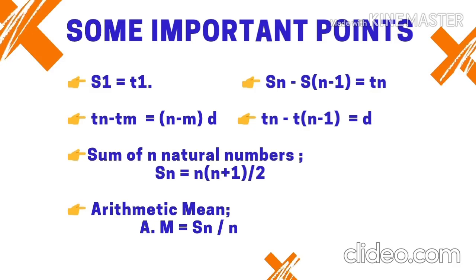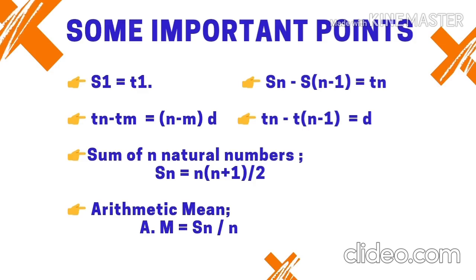The sum of the first n natural numbers is given by Sn = n(n + 1)/2. This formula is derived by treating the sequence of natural numbers as an AP, where the first term is equal to 1 and the common difference is equal to 1.